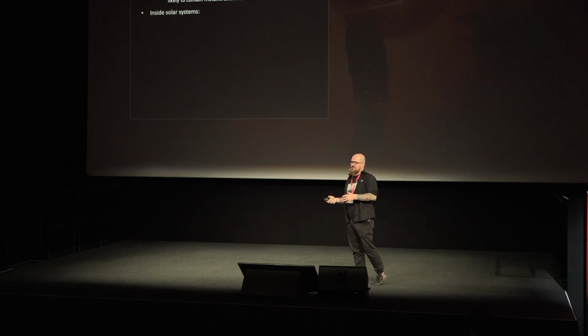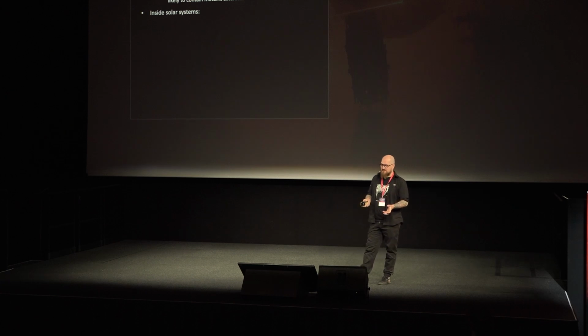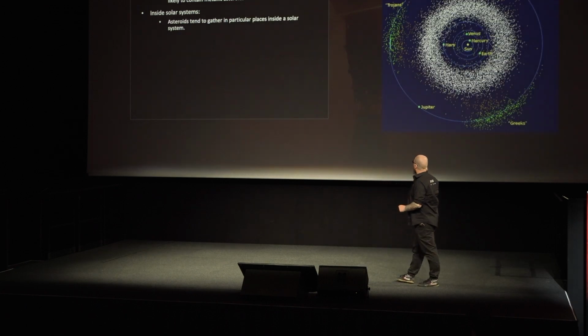Then, on the smaller scales, inside the solar systems, we also know that solar systems have natural resources in particular places. They're not just anywhere in the solar system. I mean, sure, they're in a lot of places, but asteroids tend to clump in certain places in solar systems.